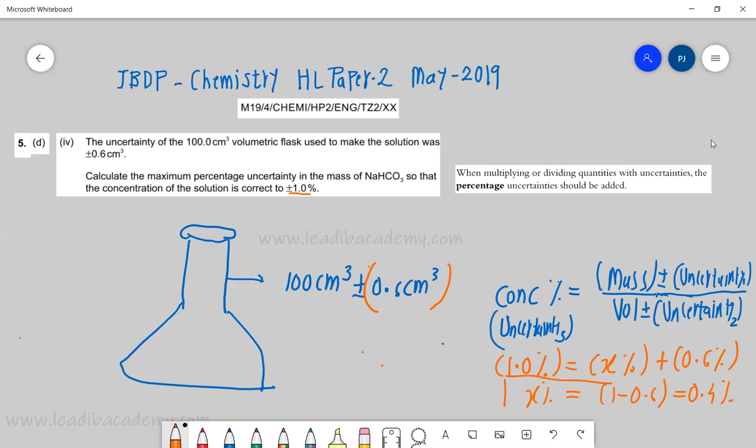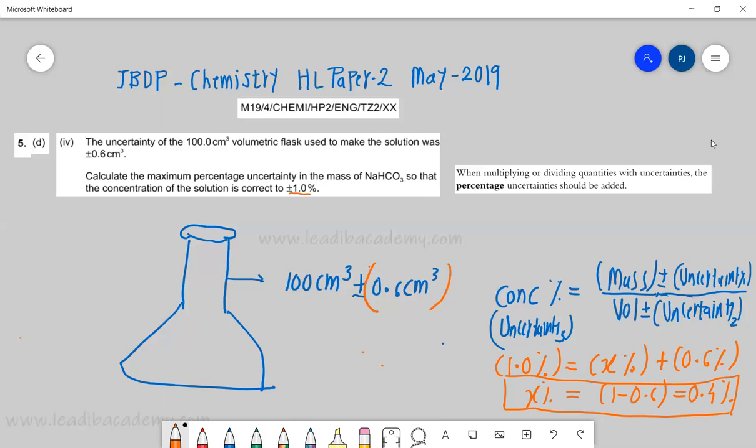That means in the measurement of mass, the permissible uncertainty is 0.4%, because already 0.6% uncertainty is there in the case of volume.